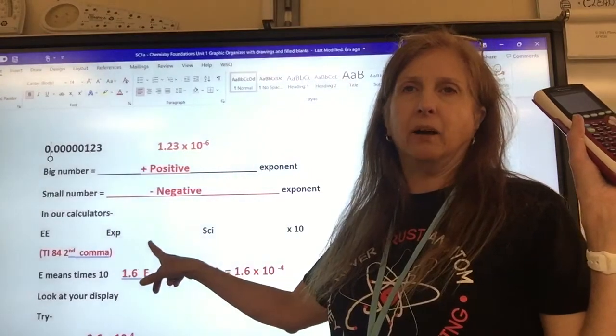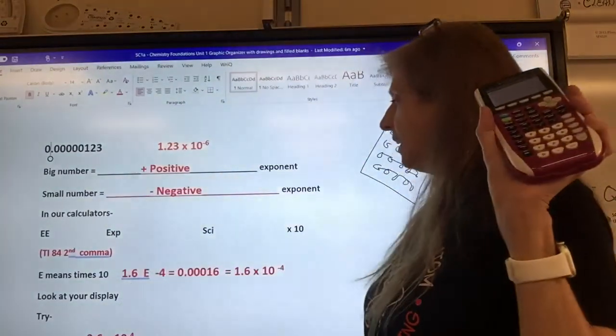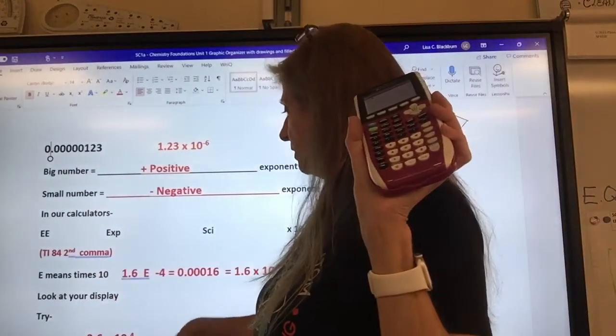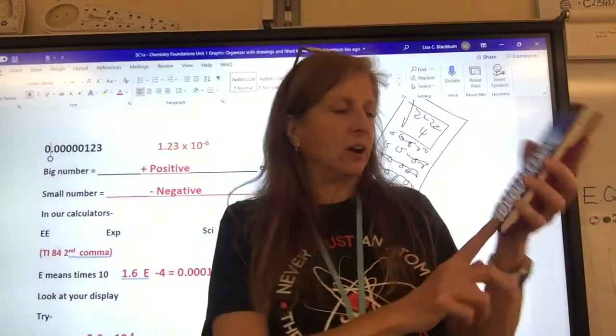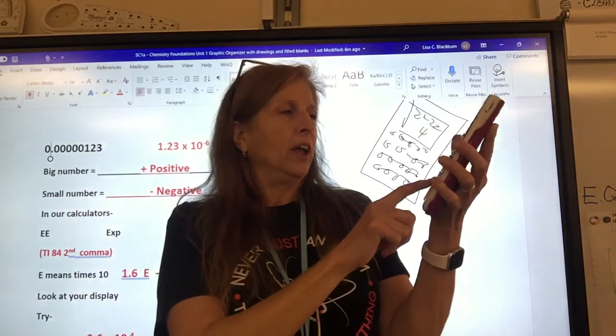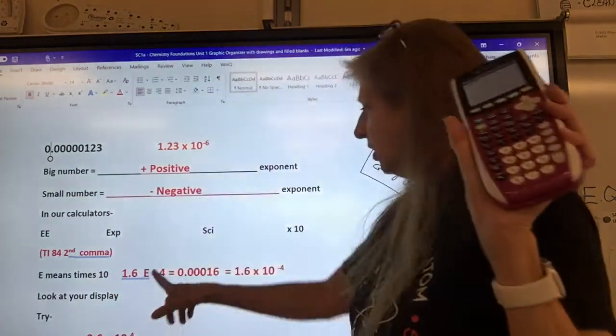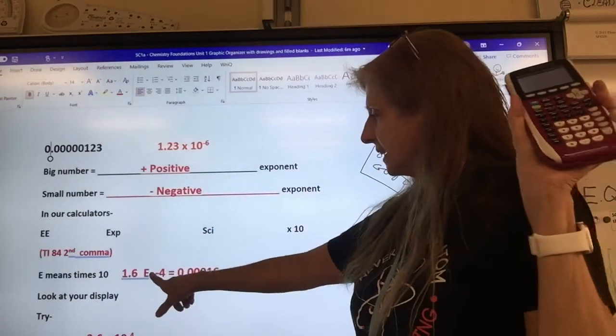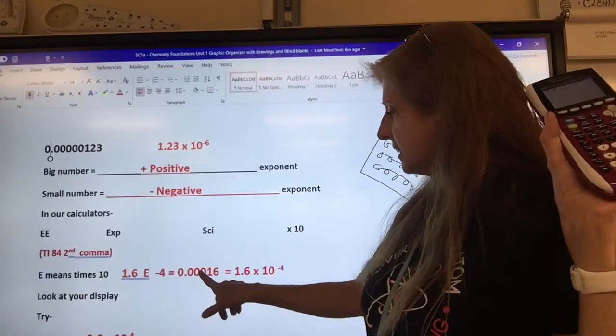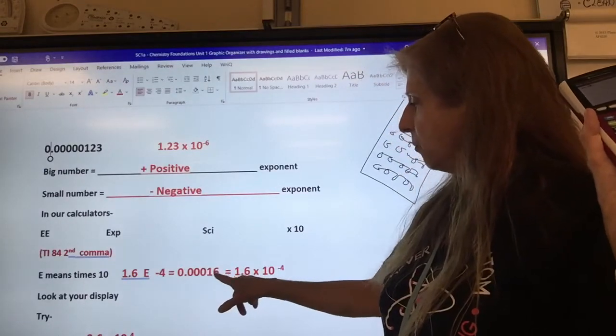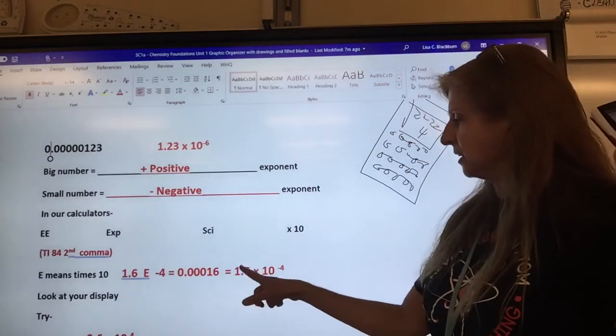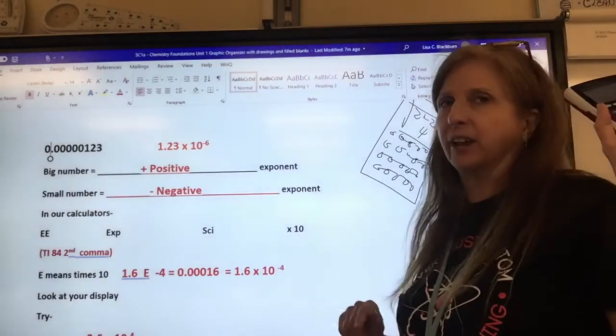Okay, and then I do -4. So I push the negative down here and then 4, and it looks like this, 1.6 E -4. That's the same thing as 0.0016, which is the same thing as 1.6 times 10 to the -4th.